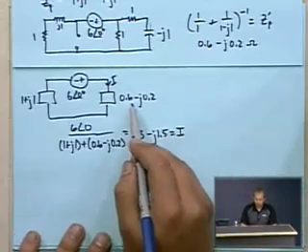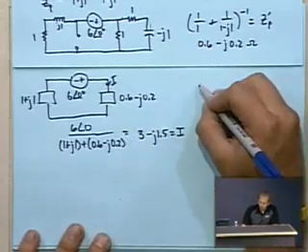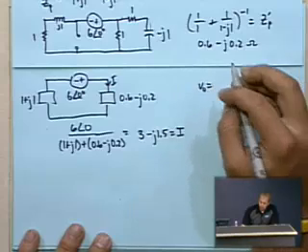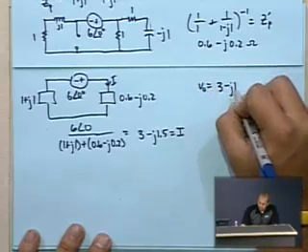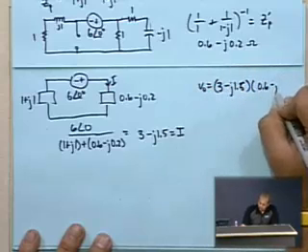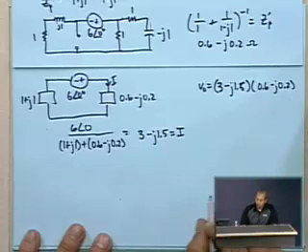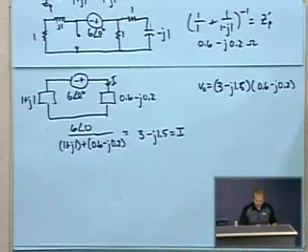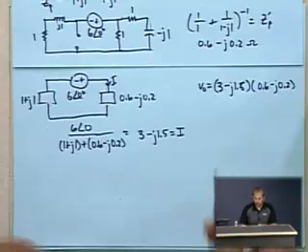So the voltage across this particular element, let's call it V0, equals the 3 minus J 1.5 amps times the 0.6 minus J 0.2 ohms of impedance. So 3, 1.5 times 0.6, negative 0.2. Oh good, we're still getting the right answer.